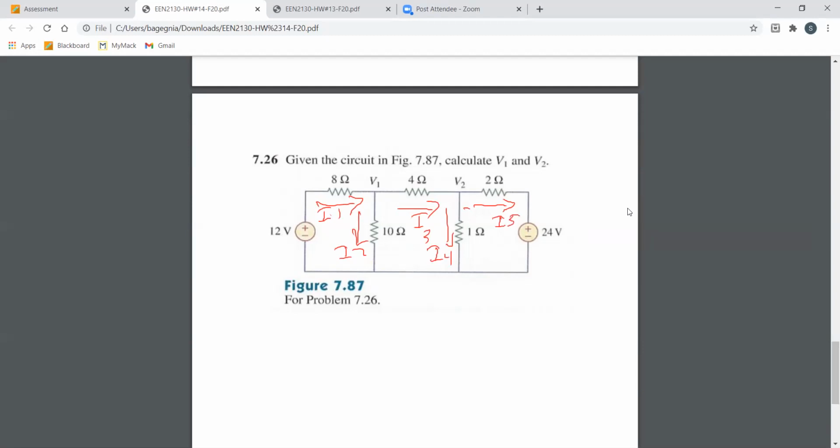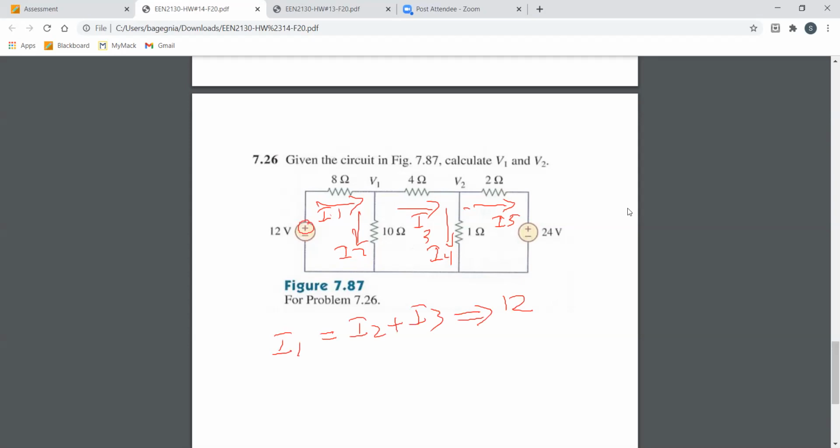Okay, node number 1, I1 is getting in, I2 is leaving, I3 is leaving. Then apply Ohm's law. I1 goes from the 12. Again, why do we start with the 12? Because it's a positive.